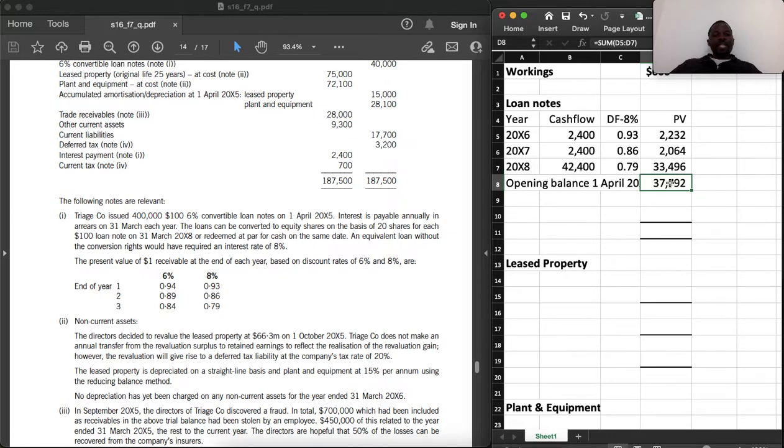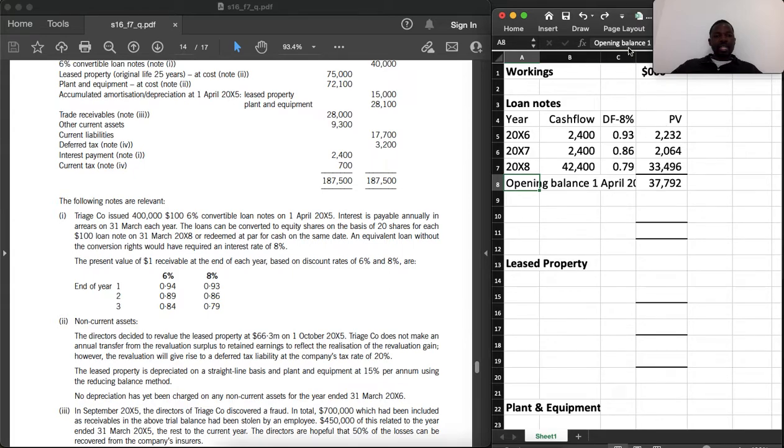So this is the opening balance. Let me just, for clarity, so that at least it will be seen here. This is the balance at 1 April 20x5, the opening, at the beginning of the year. Now this is the liability. This is the liability component. Let's do undo here to save my screen. This is the liability component.